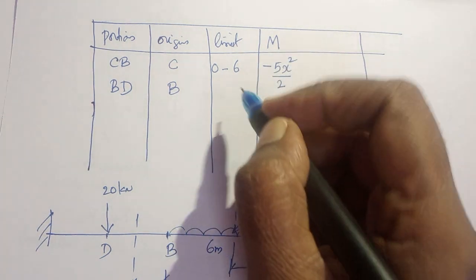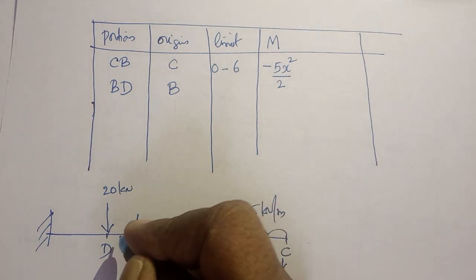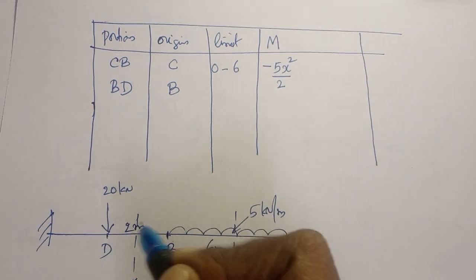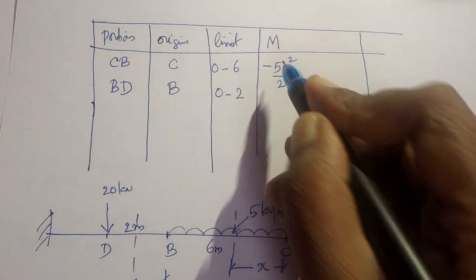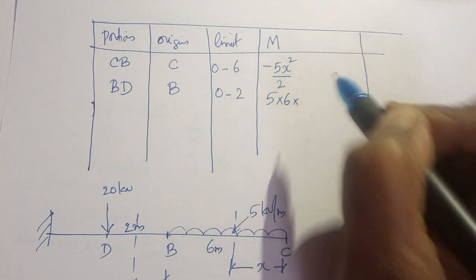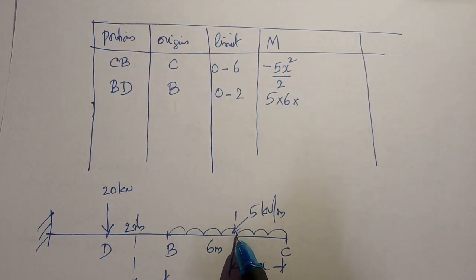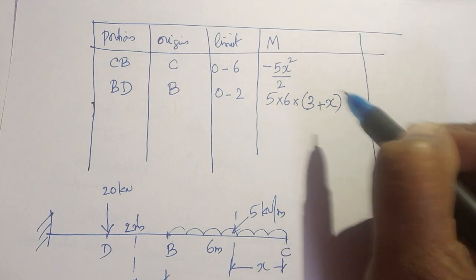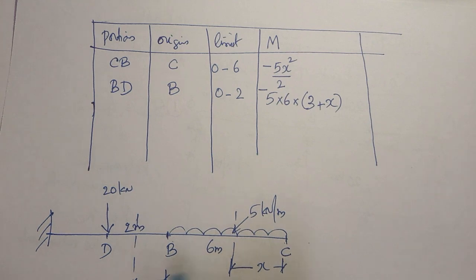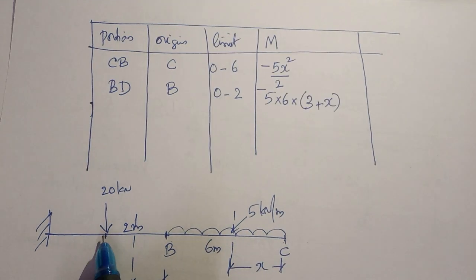So the bending moment is 5 into 6 into (3 plus x), with a negative sign. Next, consider portion DA.